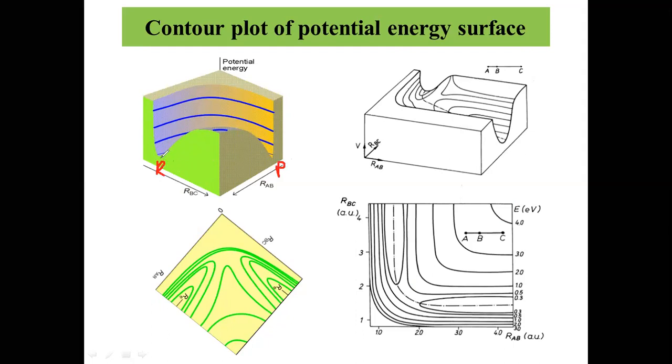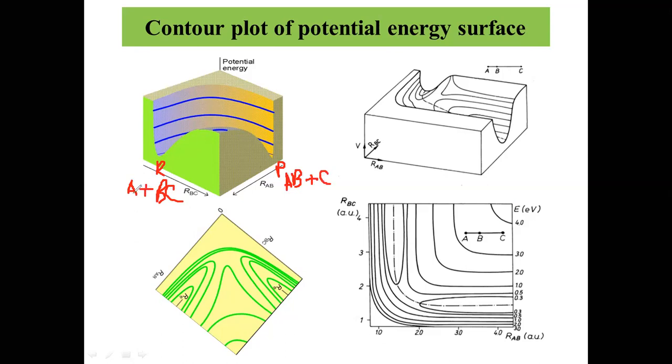And if you recall this, the reactants are basically A plus BC, right? And this is going to be AB plus C. The products are going to be AB plus C, right?